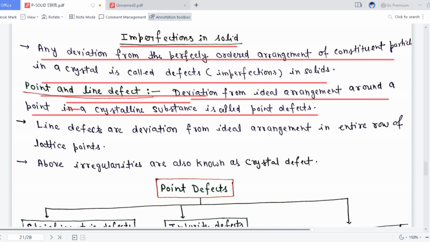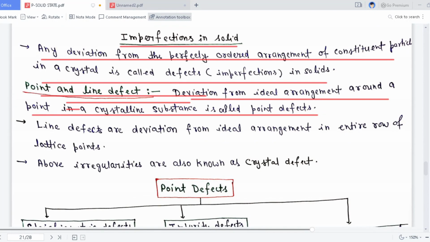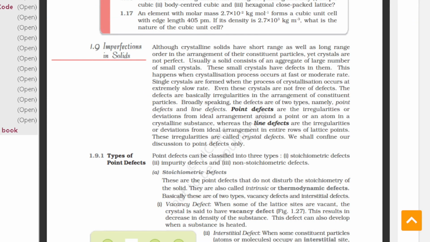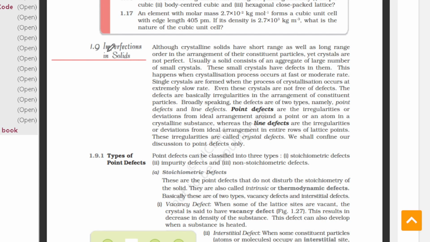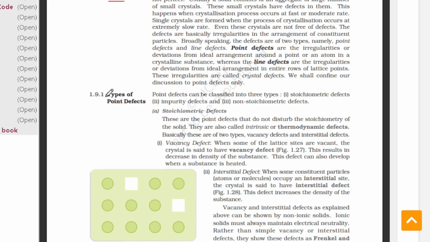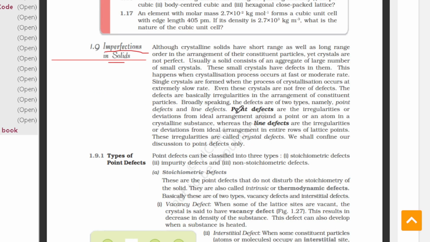I guess I'll just show you the NCERT, one second please. Yep, here we go. First of all, we have imperfections in solids. Under this we have point defects and line defects.